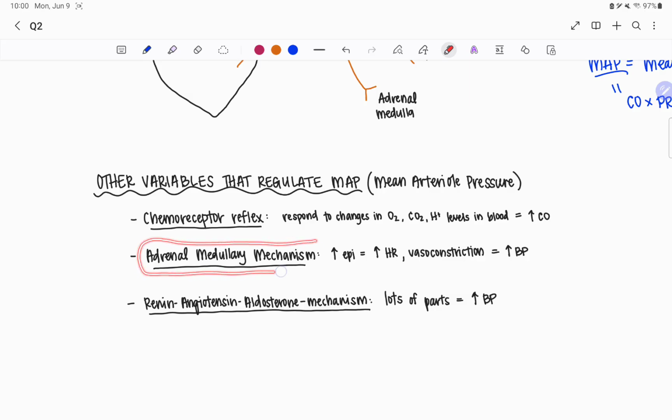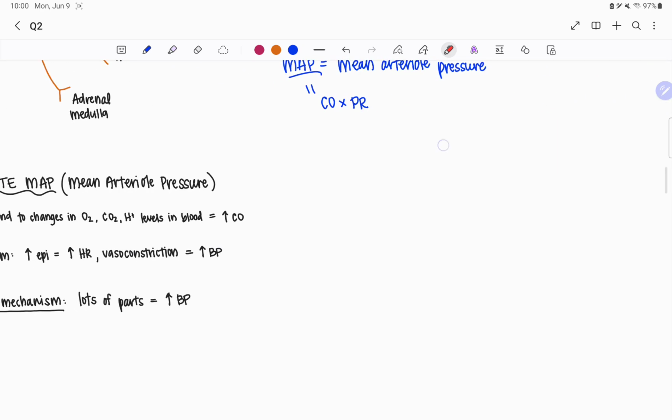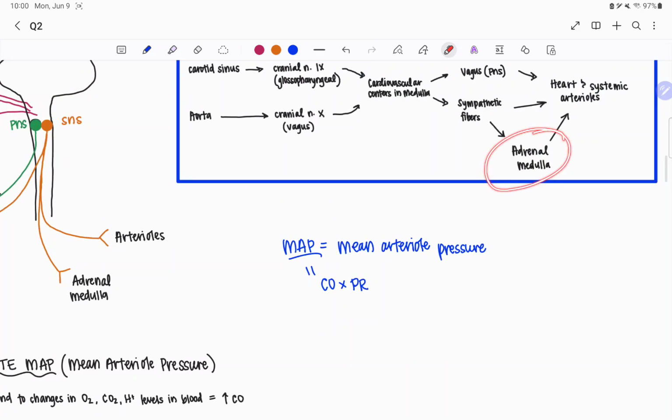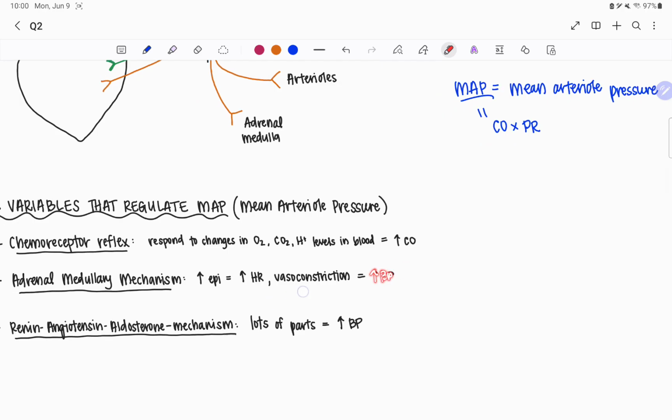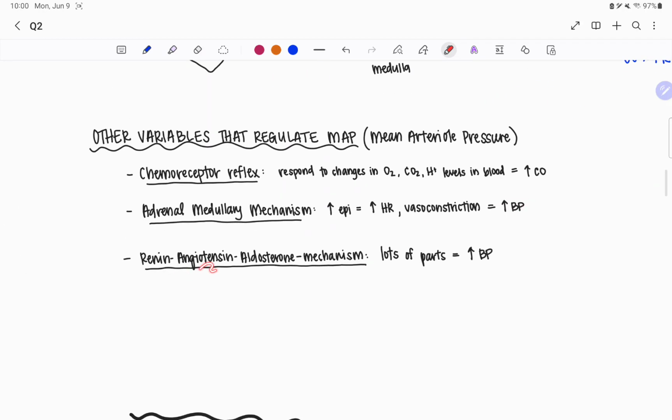The adrenal medullary mechanism is like up here where we were talking. It increases epinephrine, which increases heart rate and causes vasoconstriction, which increases our blood pressure. This renin-angiotensin-aldosterone mechanism has a ton of parts, kind of a big thing.